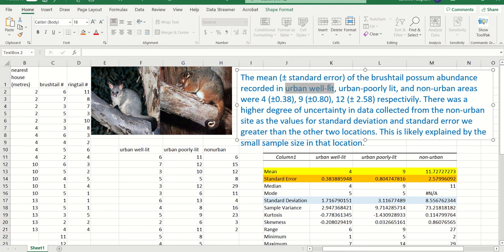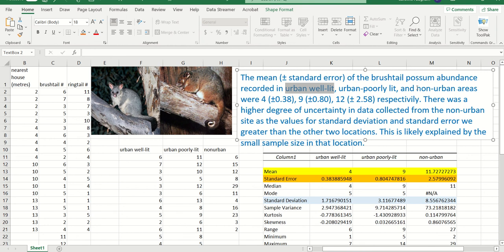Okay, so I've included them all in one sentence because I know that I'm limited on my word count. So urban well-lit, urban poorly lit, non-urban areas, the means were 4 plus or minus 0.38, so you do two significant figures, 9 plus or minus 0.8, and 12 plus or minus 2.58 respectively. So that means in that order.